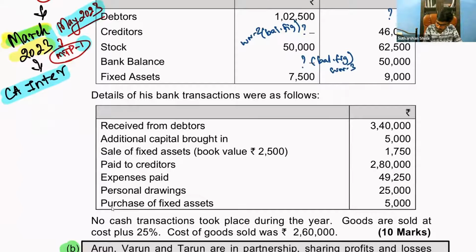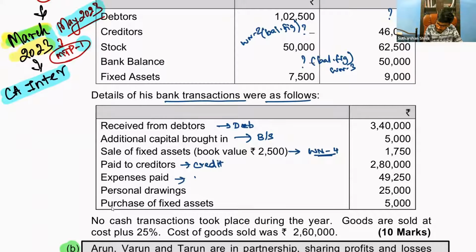Next. Details of bank transactions were as follows. Received from debtors, affecting the debtors account. Additional capital brought will only affect the balance sheet. Sale of fixed assets: if there is any sale of a fixed asset, we will prepare it in working note number 4. Paid to creditors, affecting the creditors account.